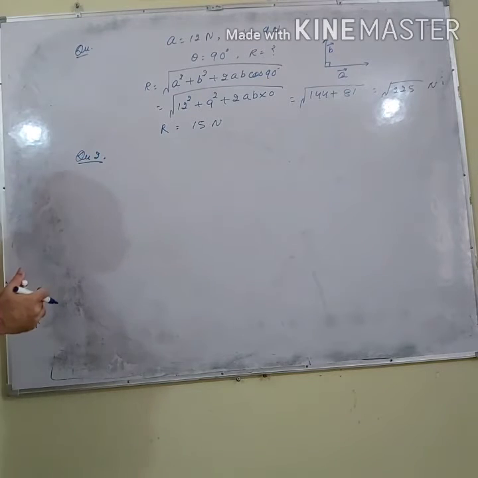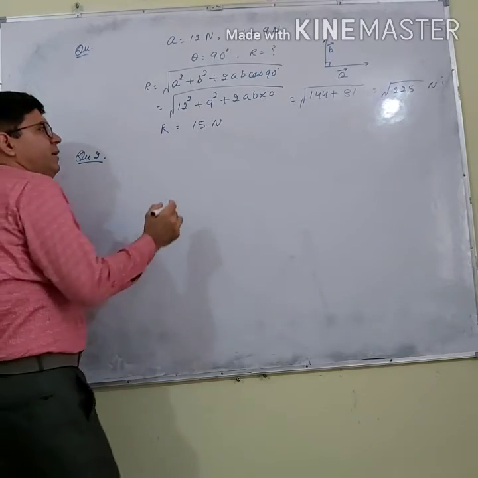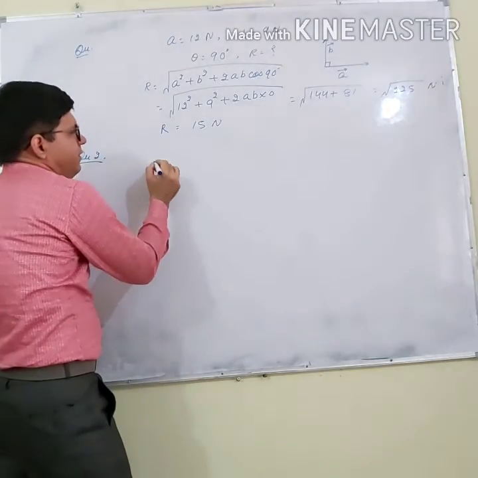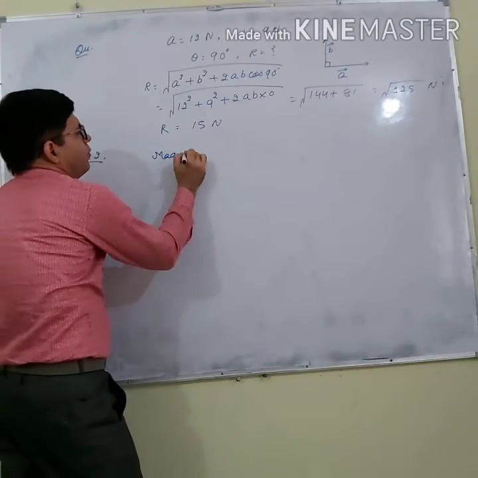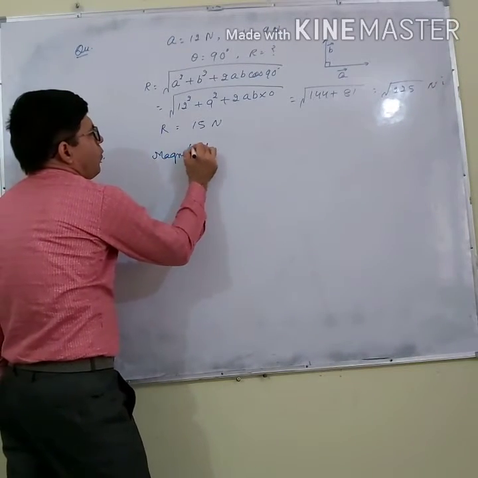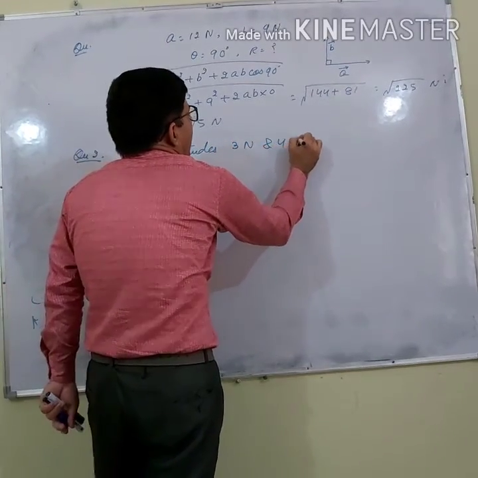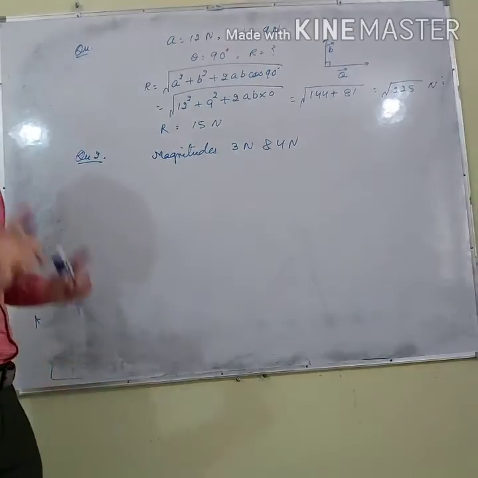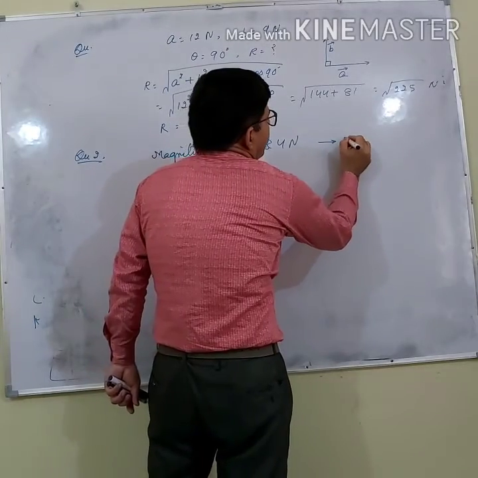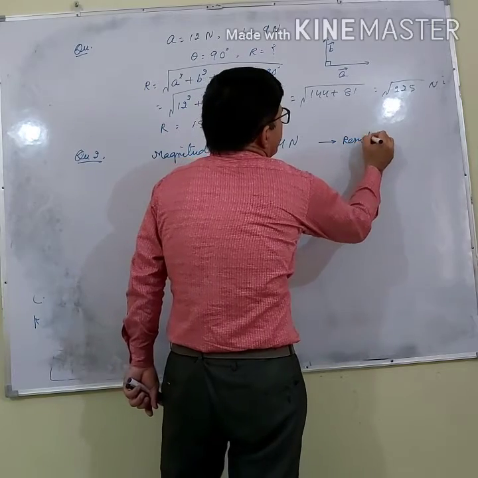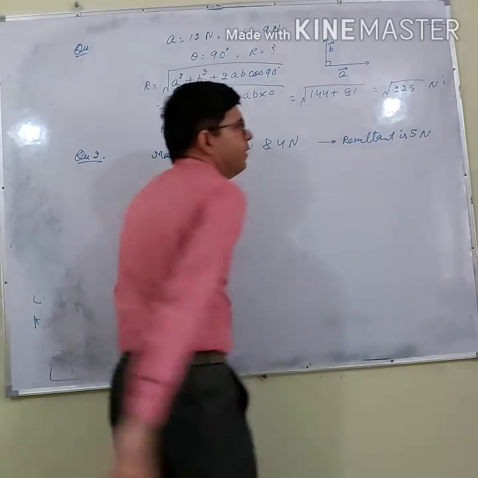Question 2. We are given two vectors of magnitude 3 Newton and 4 Newton, such that their resultant is 5 Newton.